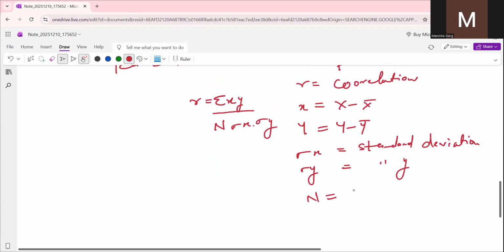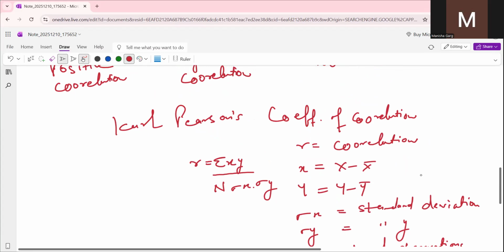N is equal to number of observations. Is it clear? This is the formula of Karl Pearson coefficient of correlation.